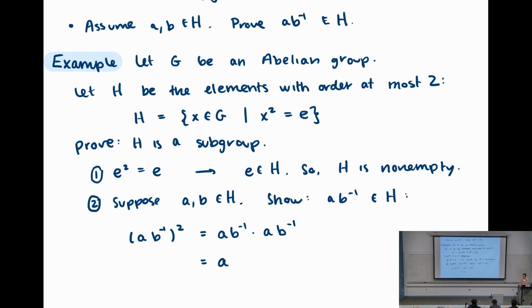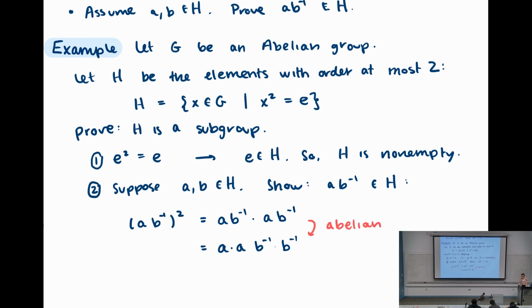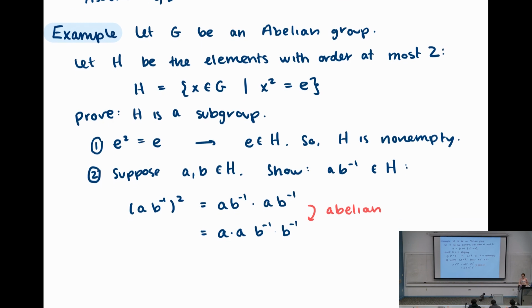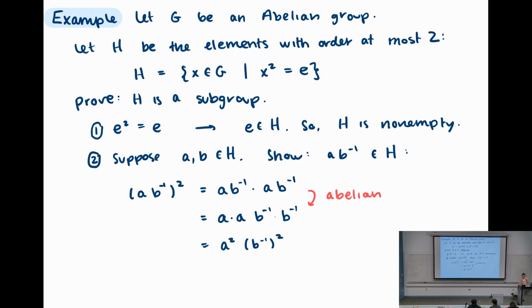So I'll have A times A, and then B inverse times B inverse. Here I've used the fact that the group is abelian. And this gives me A squared times B inverse squared. So what should I do from here?